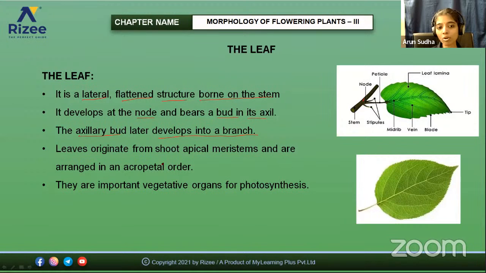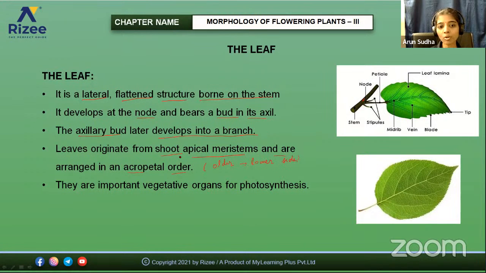And leaves originate from shoot apical meristems and are arranged in acropetal order. So what do you mean by acropetal order? That is, the older leaf will be arranged on the lower side, and the younger leaves will be on the upper side, at the end.